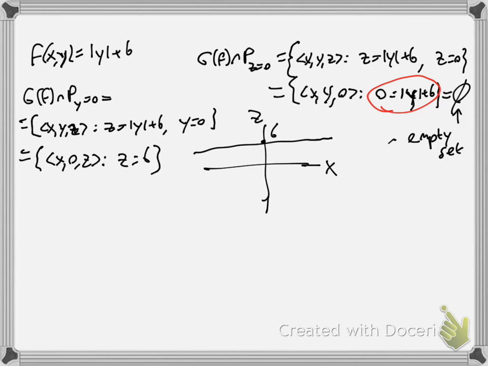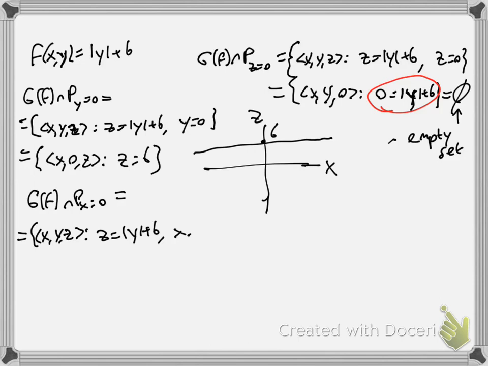Finally, let's look at the intersection with the yz plane. Those (x, y, z)'s, such that again z is equal to f(x,y) and x equals 0, which will give me (0, y, z), such that, well, there's no x in this equation, so this equation just remains the same.